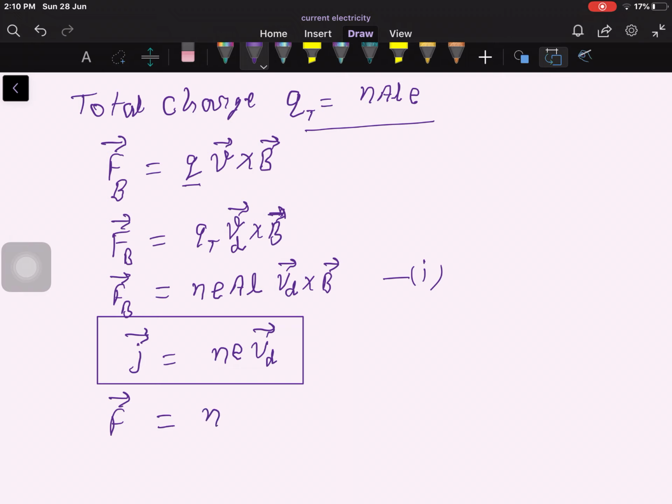So N e Vd, then A L, then cross B. We can write this N e Vd as J. So I can write this expression once again in this way: F is equal to J A L cross B.